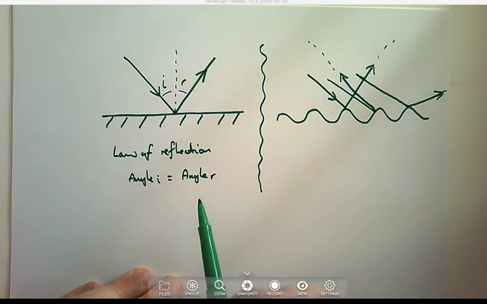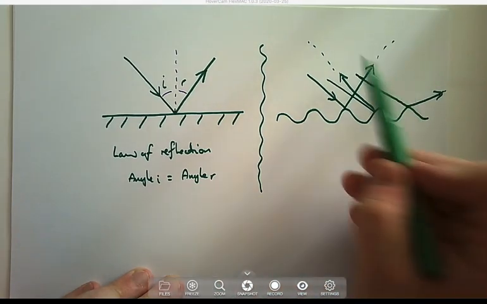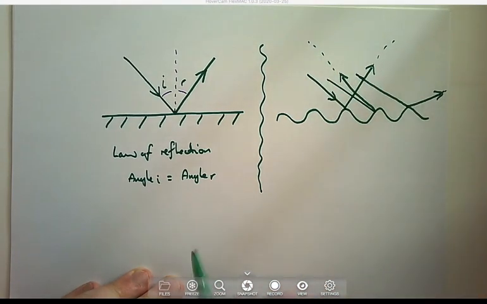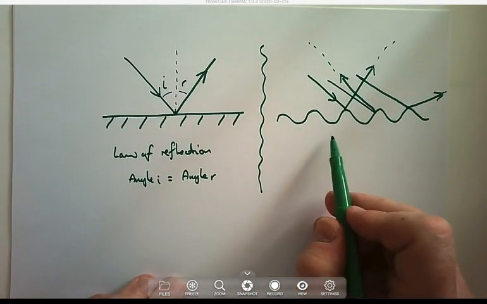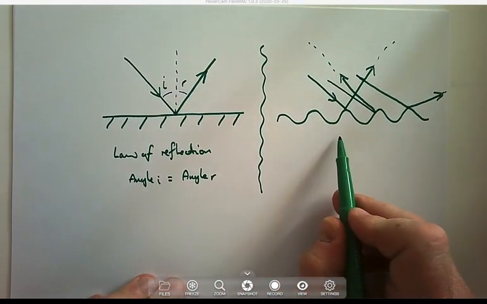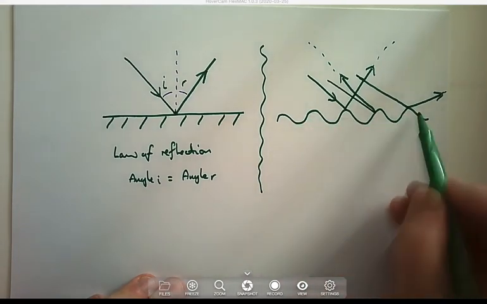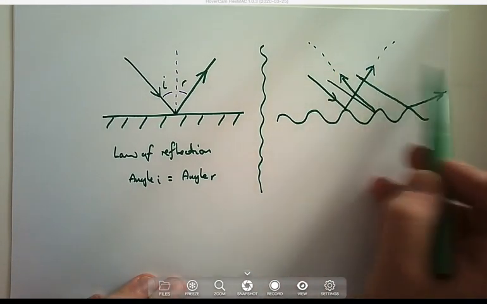Now that causes this light to be spread out. So the law of reflection still applies to this, but because the surface changes, the light gets scattered.